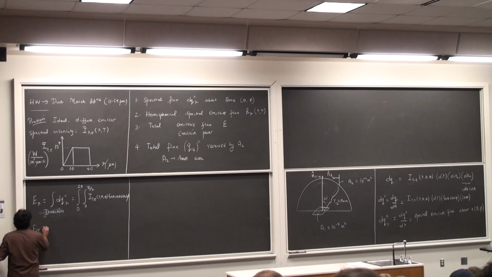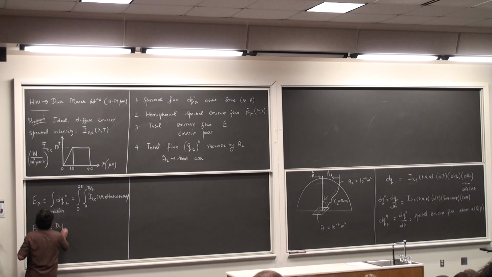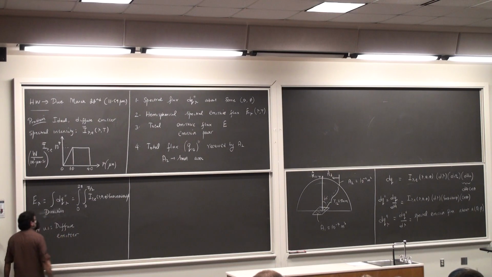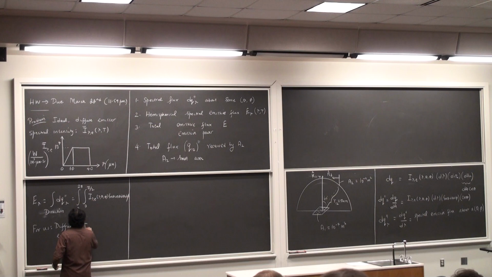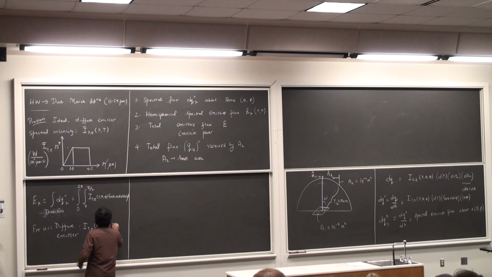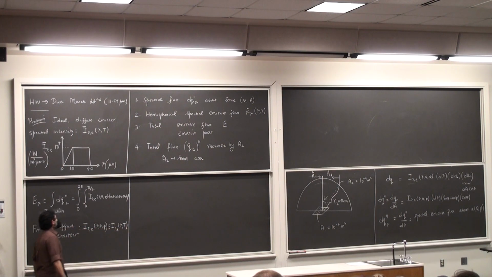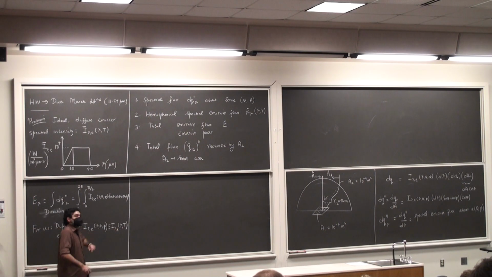So for us, a diffuse emitter, I lambda,e is just a function only of the wavelength and obviously the temperature. Most times it is not necessary to write the temperature, it is implied. All these are dependent on temperature.